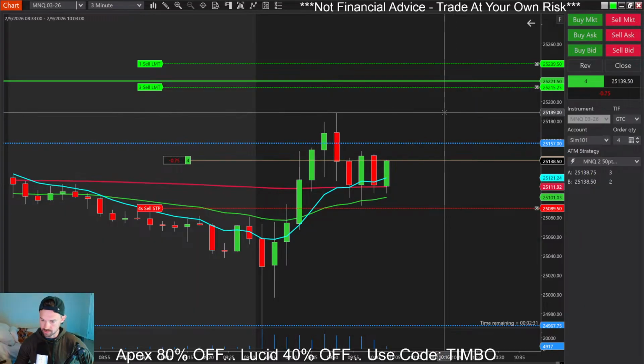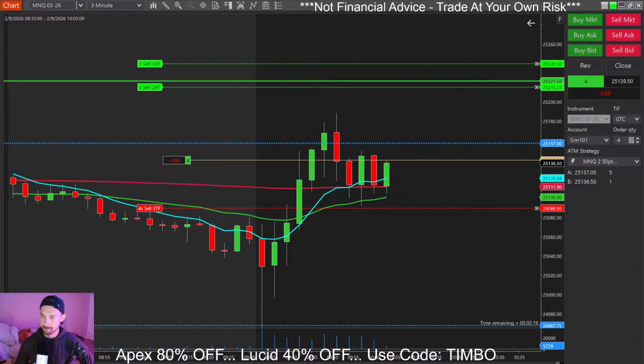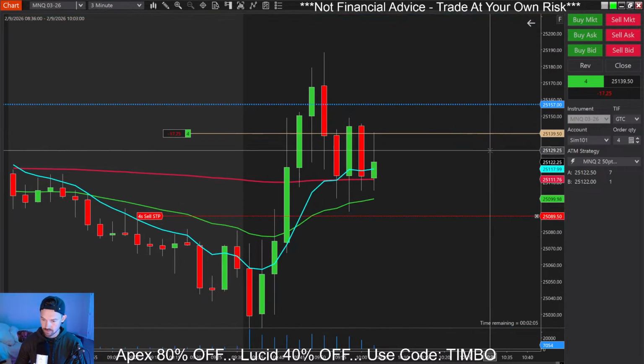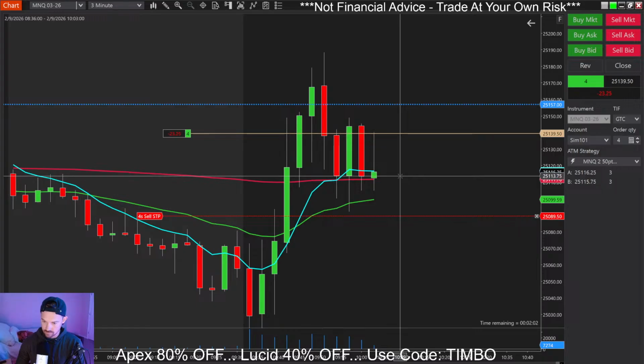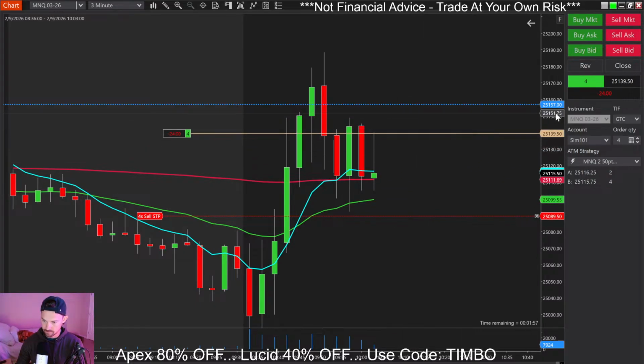Hopefully we can get back up to test this previous high. Trying to bounce it here, but I don't know, bears keep kind of stepping in.